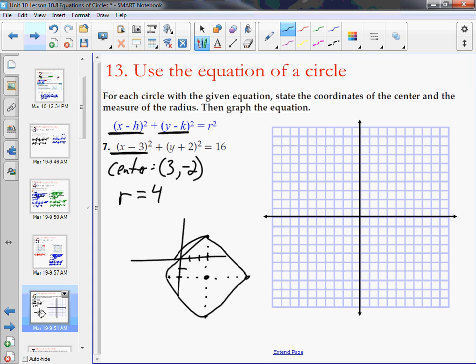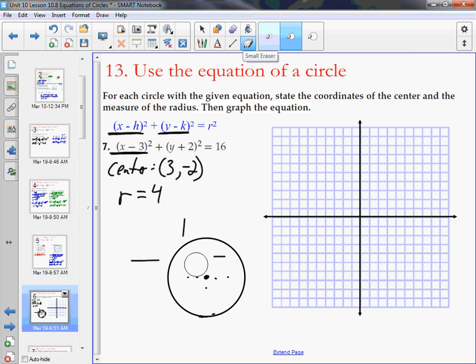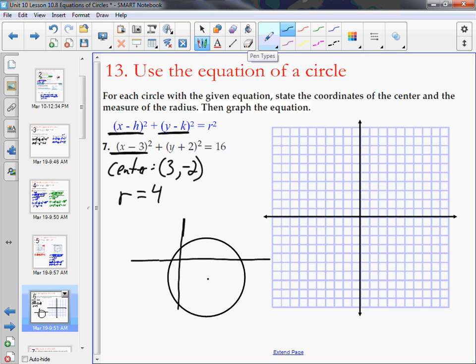What you're trying to do is more like that. And what I'm going to do is completely cheat and do that. Uh-oh, I accidentally erased my coordinate plane.